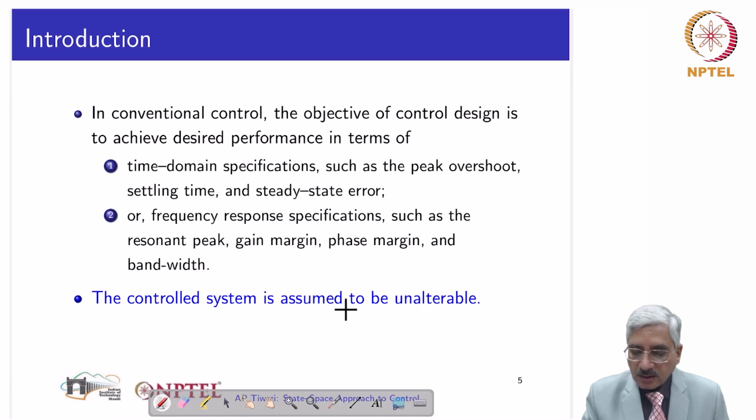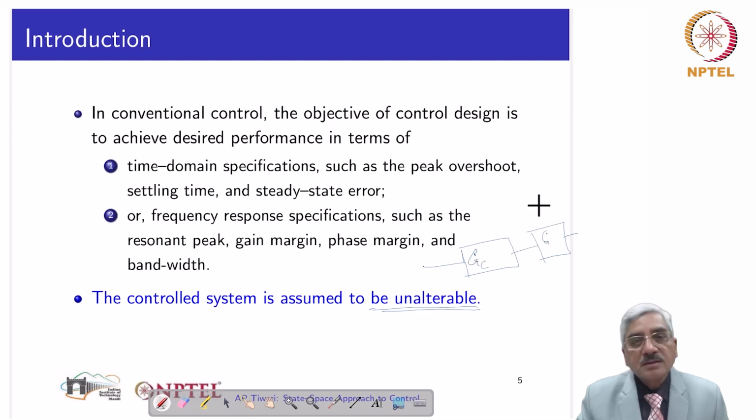And the control system is assumed to be unalterable. Basically, this is the controller and this is the system, and always the aim of control design has been to get the controller, and nothing is done to the system.